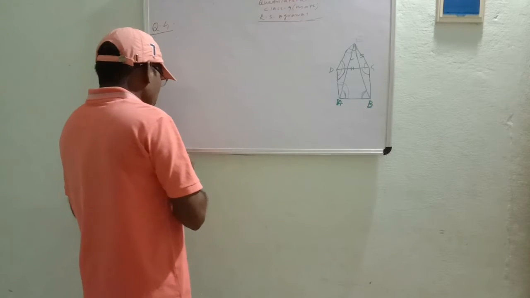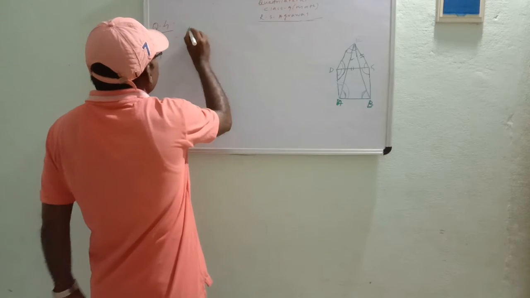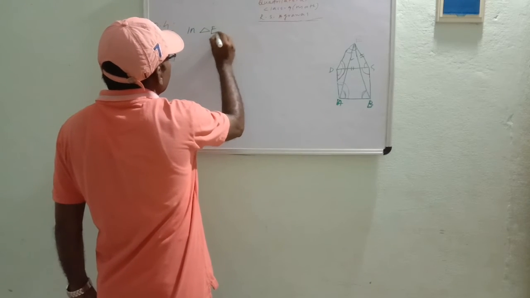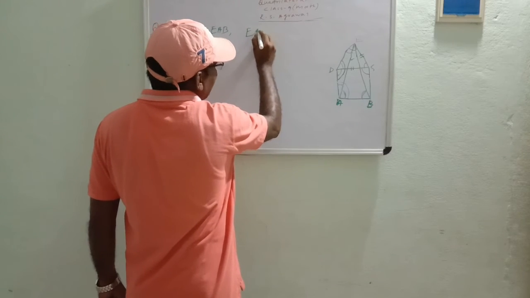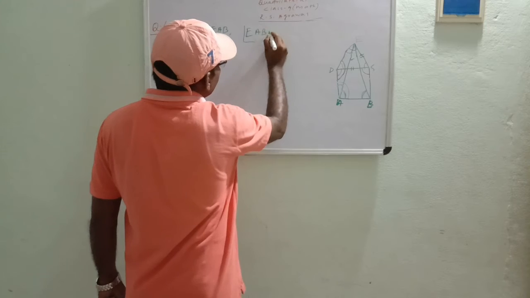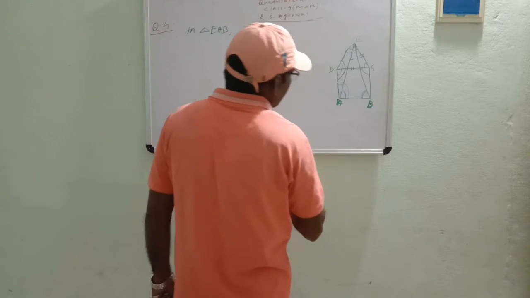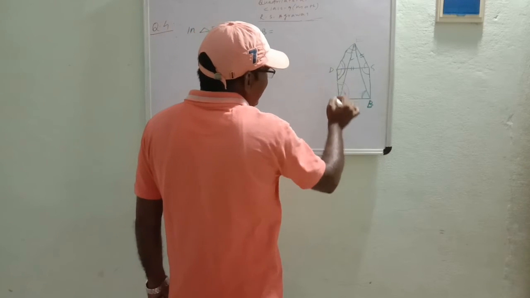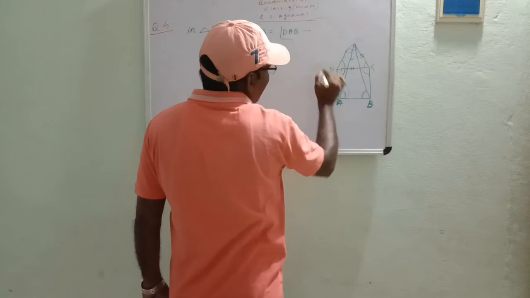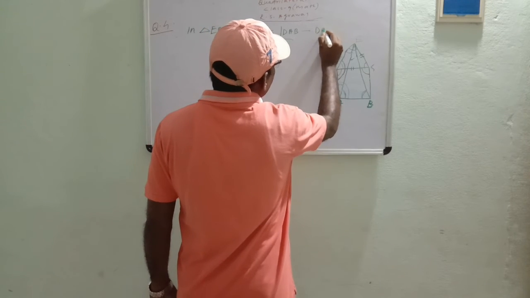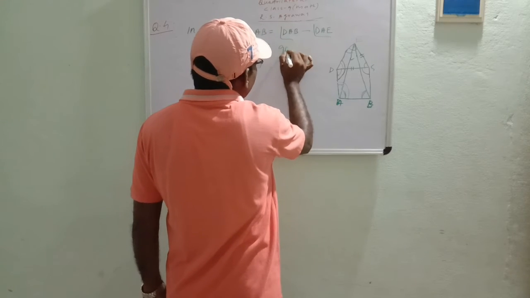So write it. In triangle EAB, angle EAB equal to angle DAB minus angle DAE, equal to angle DAB equal to 90.